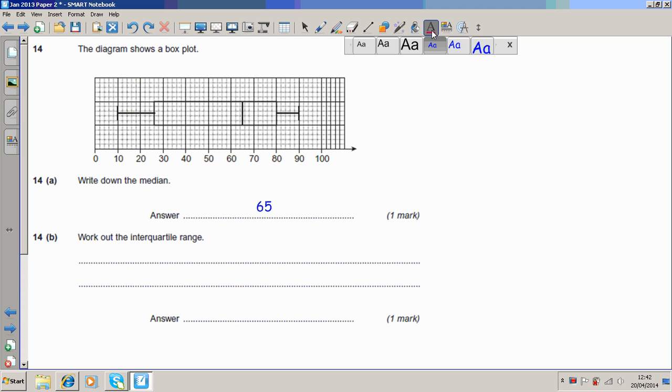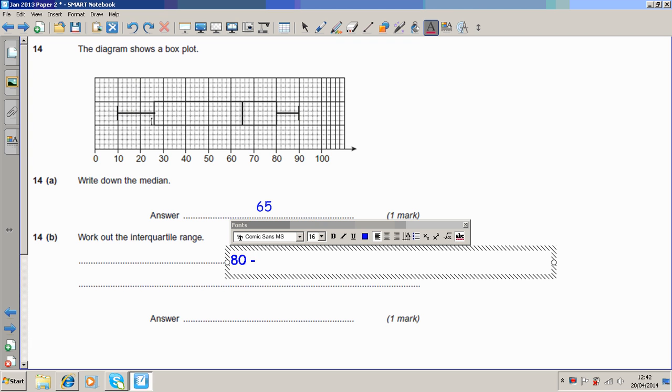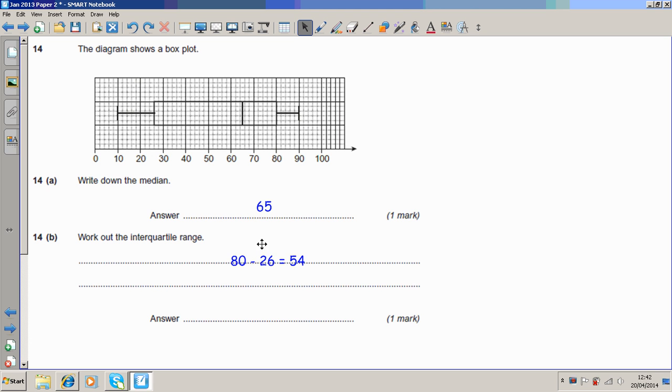And the interquartile range, well, the interquartile range is your upper quartile minus your lower quartile. Your upper quartile is 80, your lower quartile is 26. So that is 54. So the answer to that is 54. Alright, just be careful with the scale on that one, and going up in twos for each box, so just make sure you're aware of that, but that should be fine.